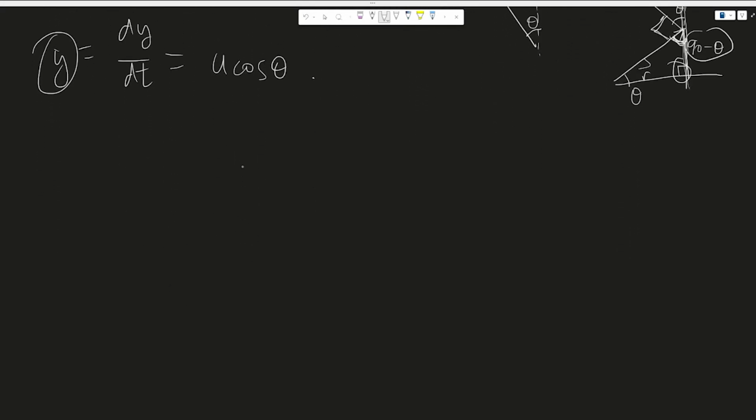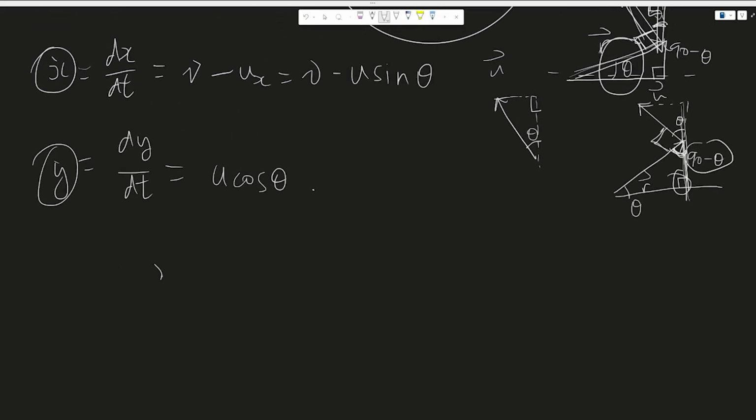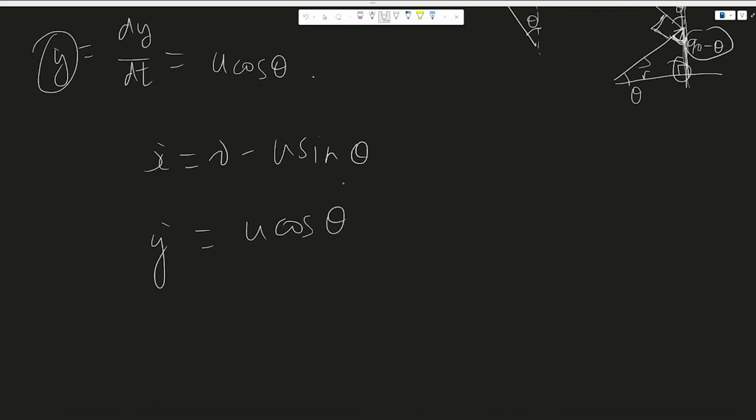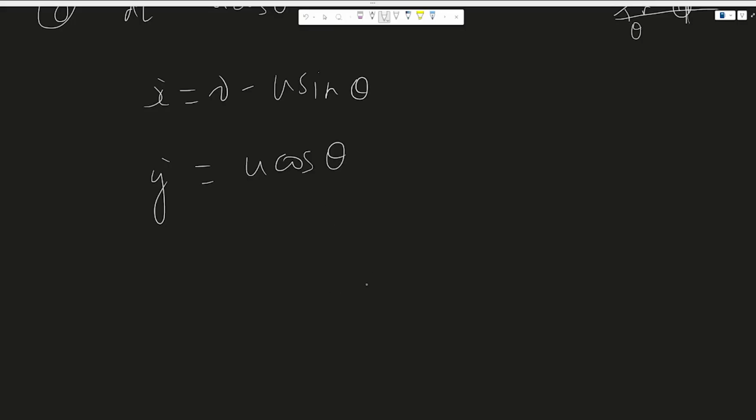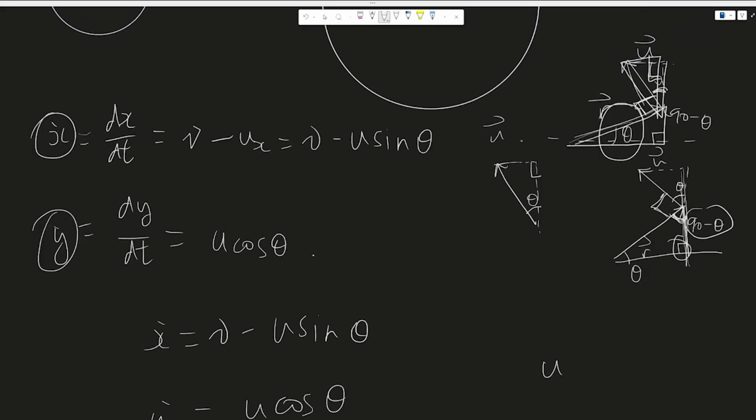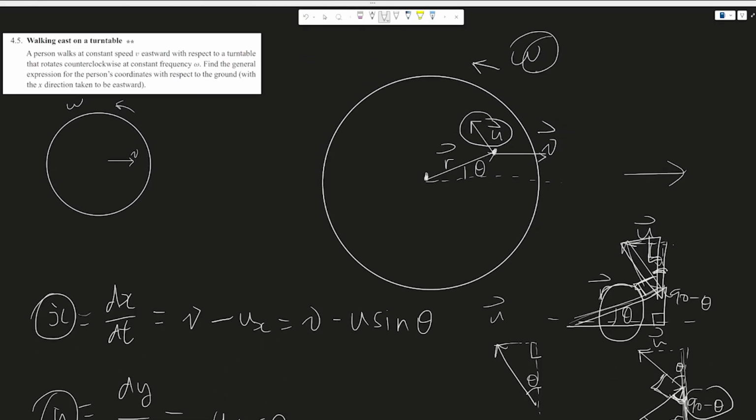Next, let's see what we can do with these. What do we know about u? u must be related to omega somehow. Omega is a constant frequency, but we can also see it as the angular speed, how much the turntable has turned.